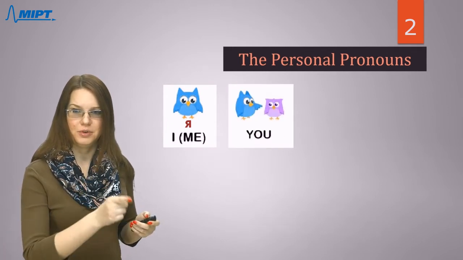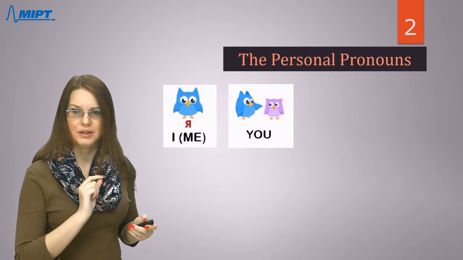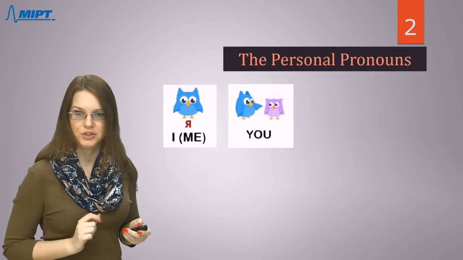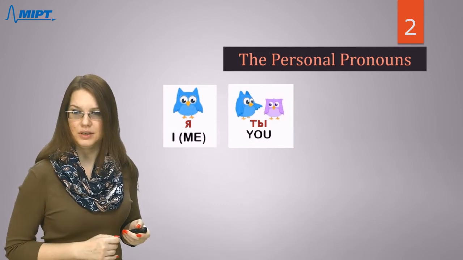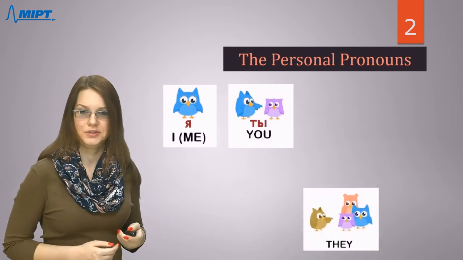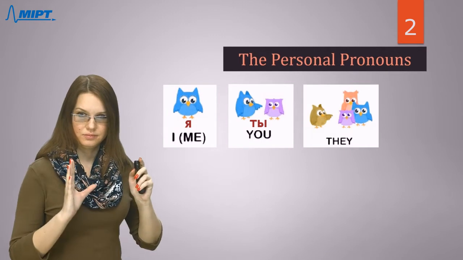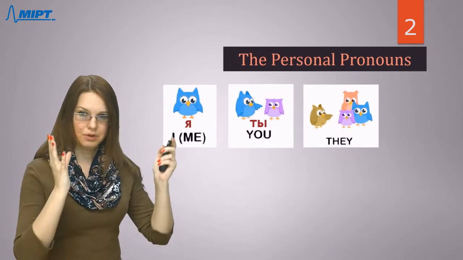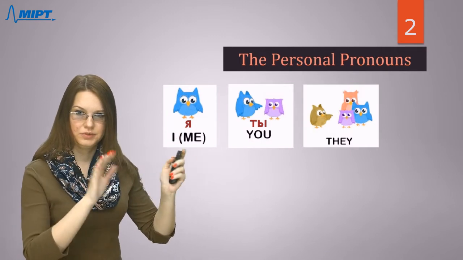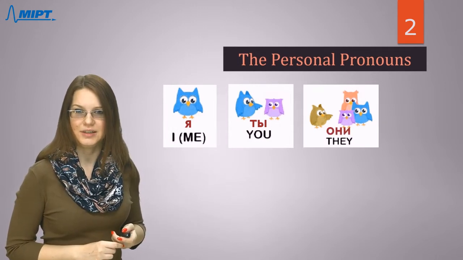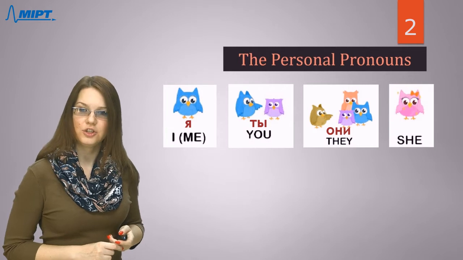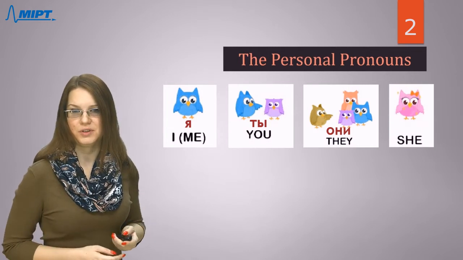In this picture we are talking to one person, and this is an informal conversation. What can we say? Ты. If you're talking to your friend, for example. They, we're talking to a group of people. How to say it? Они. She, you already know this word.